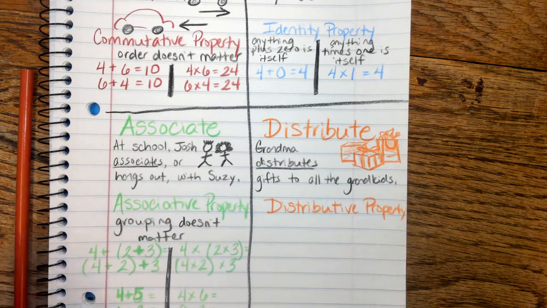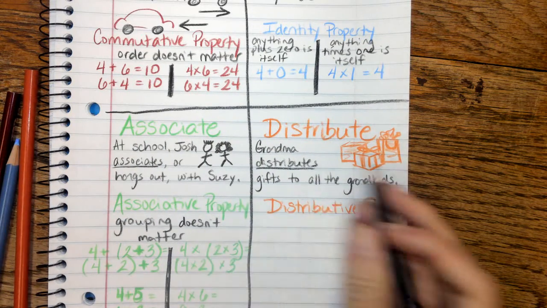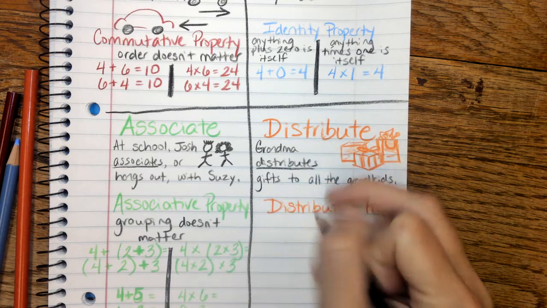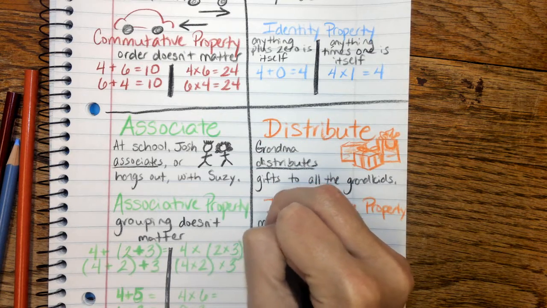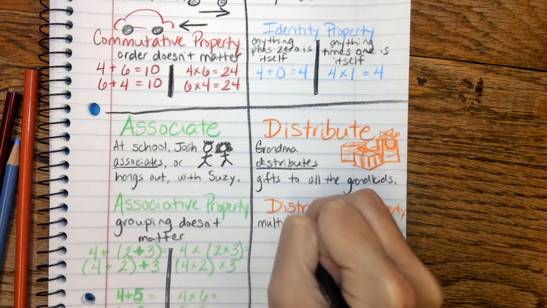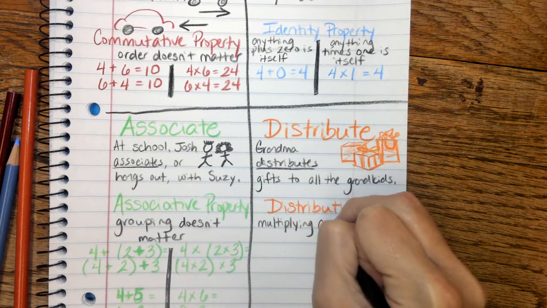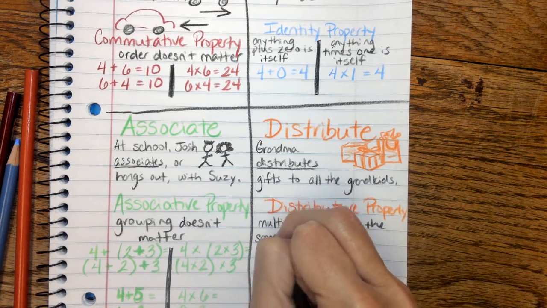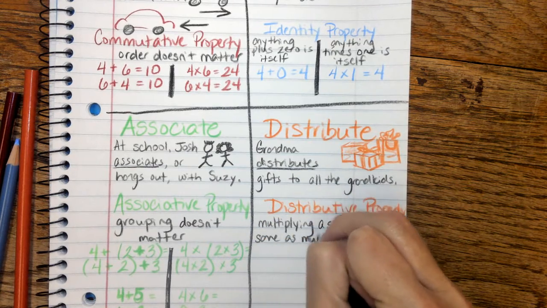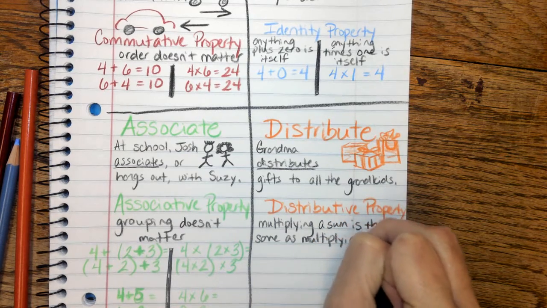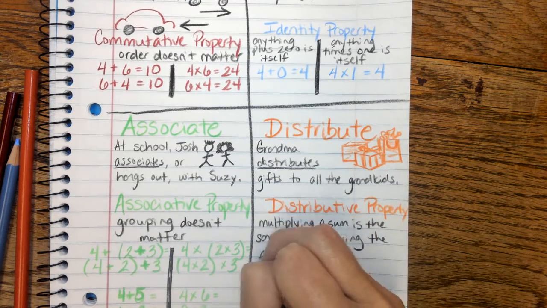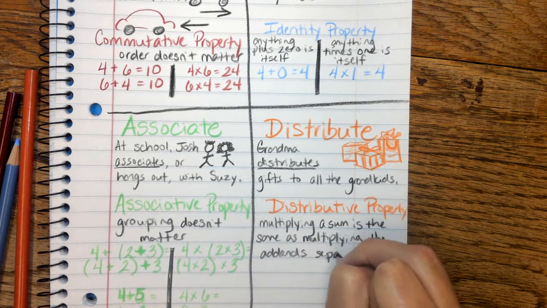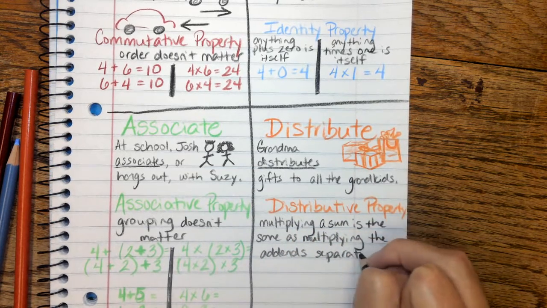So the distributive property is just a way of working with addition and multiplication that says that multiplying a sum is the same as multiplying the add-ins separately, and I'm going to explain that separately.